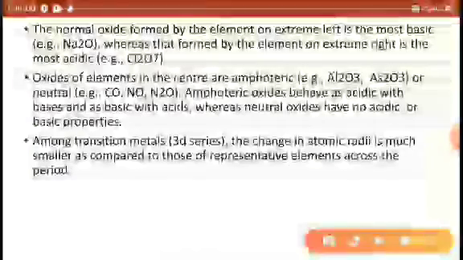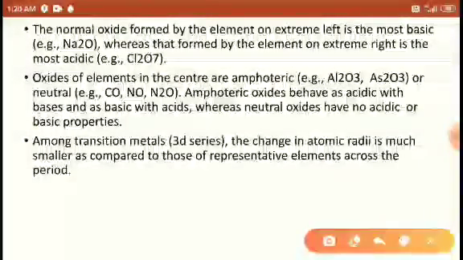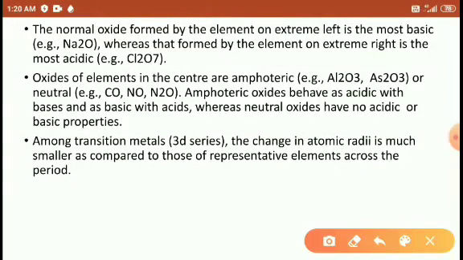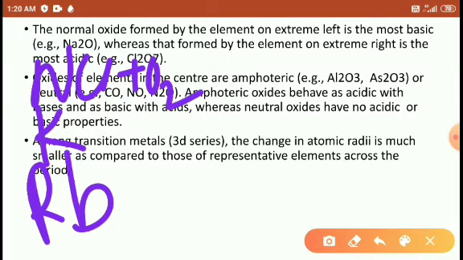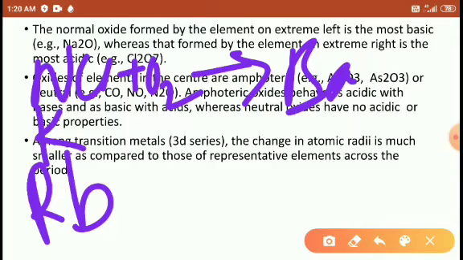Among the normal oxides, the extreme left-hand side is the most basic, whereas the extreme right-hand side is the most acidic. When oxygen reacts with elements on the left-hand side, like lithium, sodium, potassium, rubidium, they are considered basic in nature.